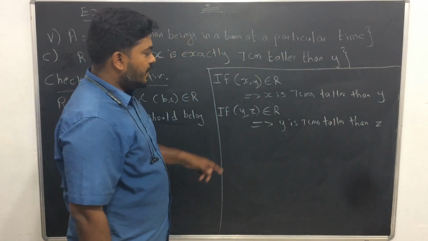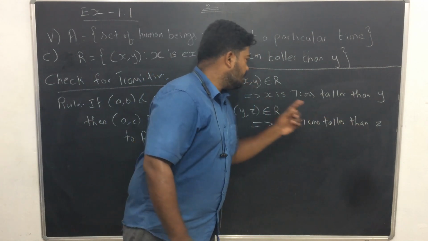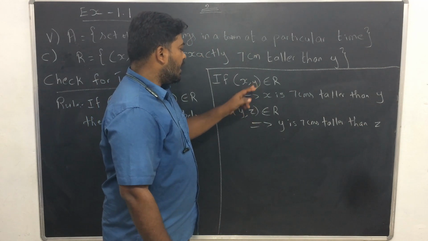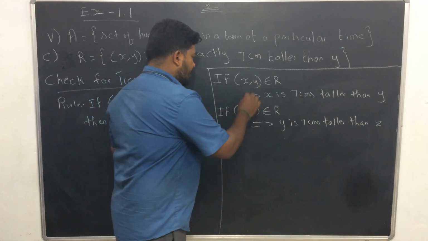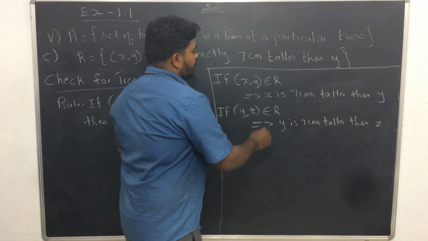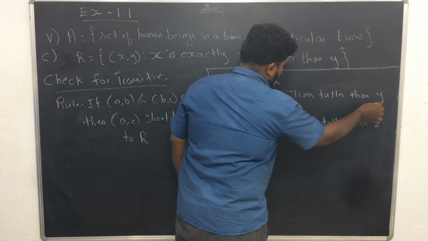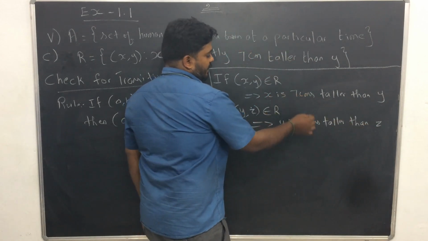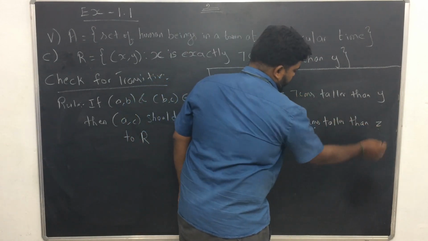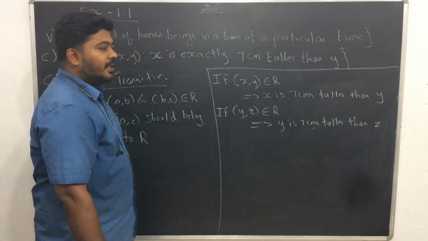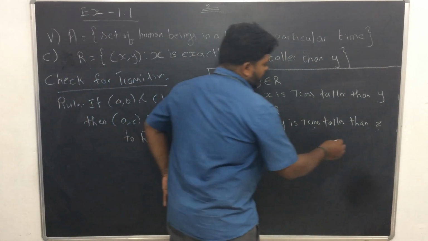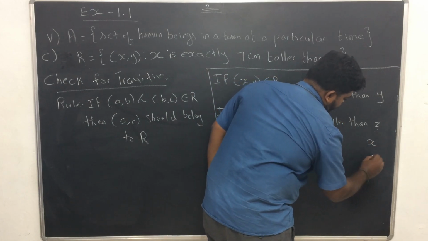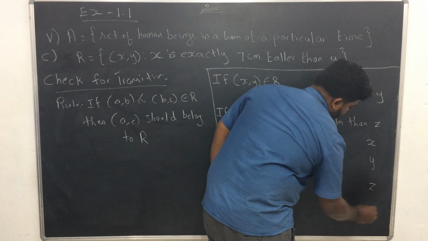I need to find the relation between x and z. I don't want y. We know that x is 7 centimeters taller than y and y is 7 centimeters taller than z. So x will be 7 plus 7, that is 14 centimeters taller than z. Let's do a rough diagram here: height of x, height of y, height of z.